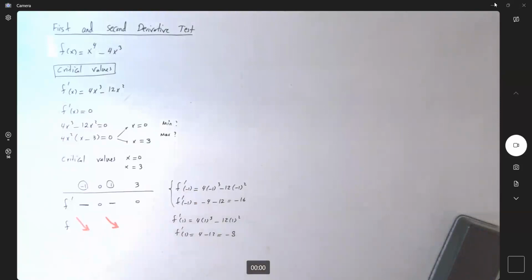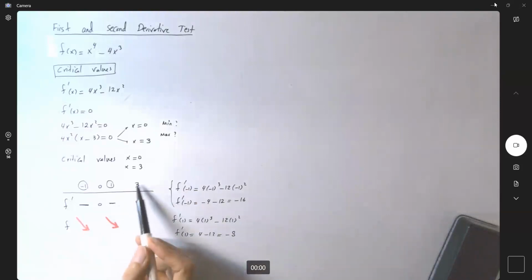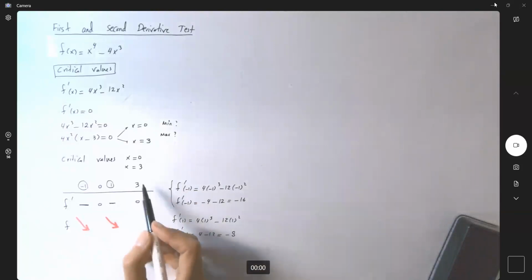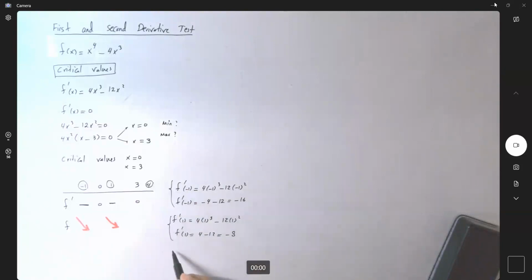Well, what if I plug in a positive number on the right-hand side of 3, like 4? So what is f prime at 4? What is the sign here? Here I have 4 times 4 to the third minus 12 times 4 squared.